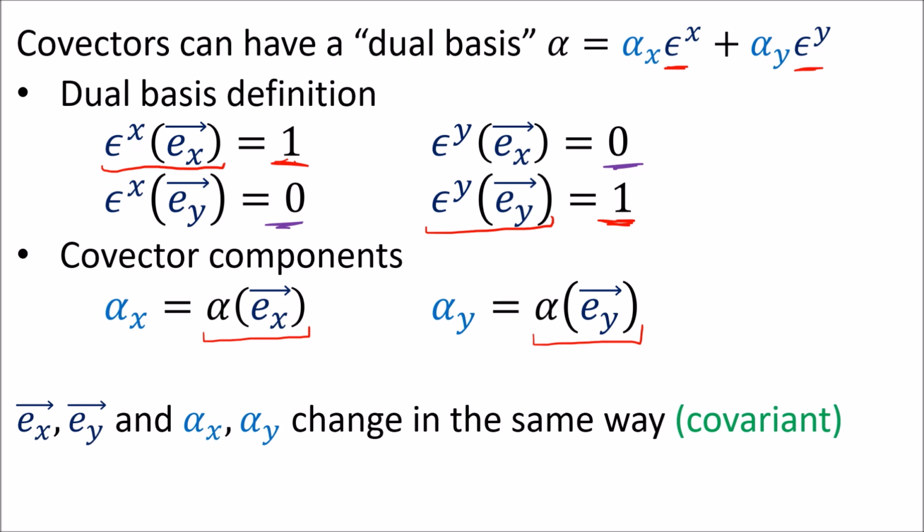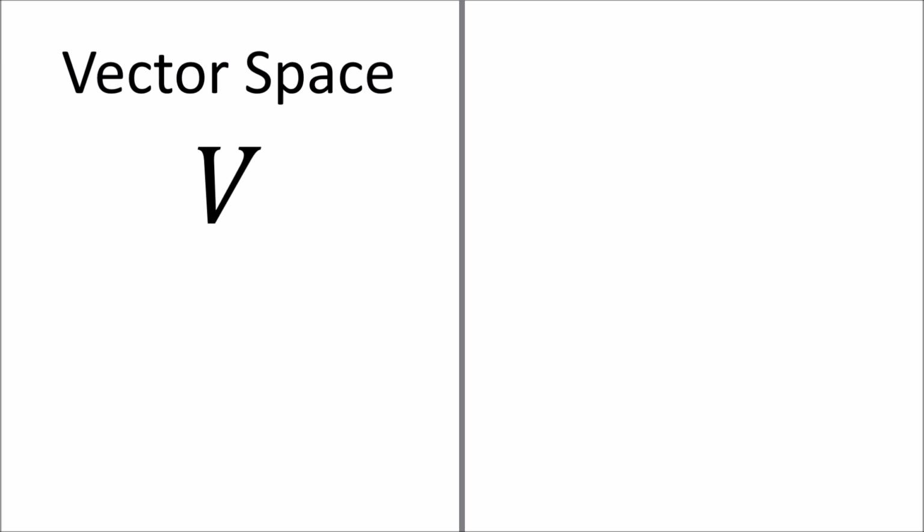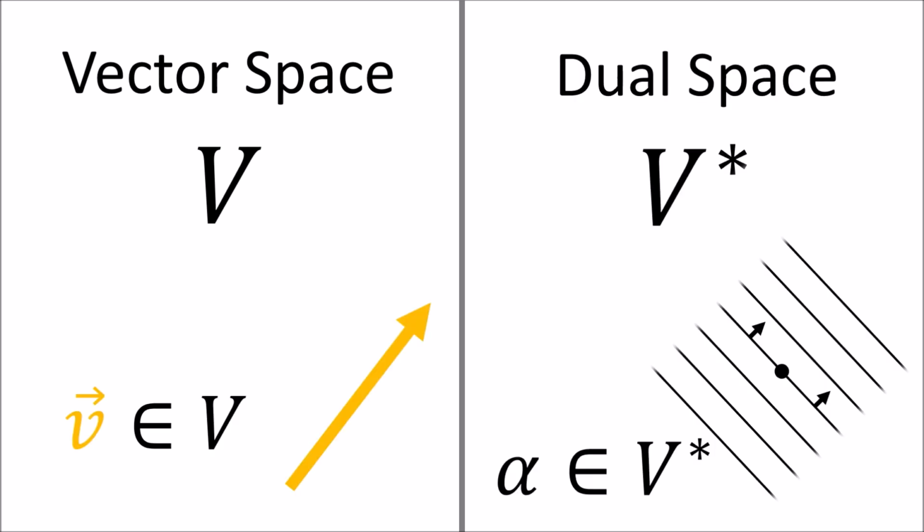Also note that basis vectors and covector components change in the same way, which means covector components are covariant. But basis vectors and basis covectors change in opposite ways, so basis covectors are contravariant. And one last thing, if vectors live in a vector space V, we say their partner covectors live in the vector space V star, called the dual space.